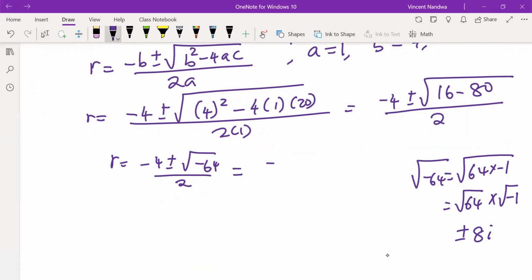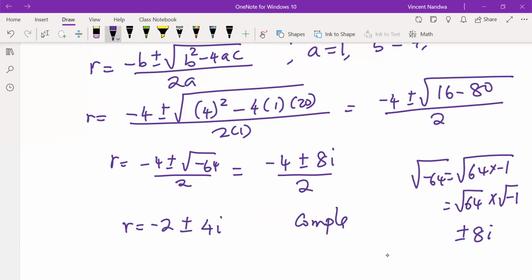So this will be minus 4 plus or minus 8i over 2, which is the same thing as r equals minus 2 plus or minus 4i. So complex conjugate.